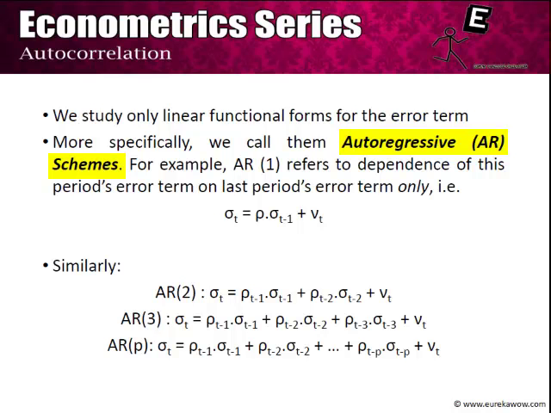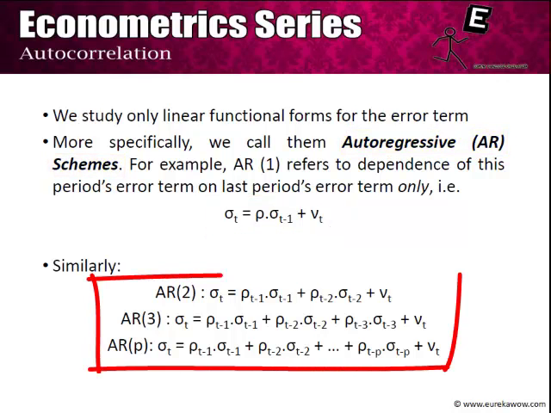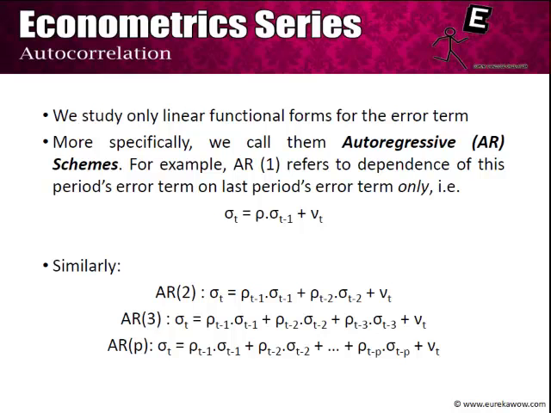For example, this equation wherein epsilon_t is equal to rho epsilon_(t-1) plus nu_t, wherein rho represents the effect of last period's error term on this period's error term and nu_t represents a totally random component. Similarly, we can talk about AR2, AR3 and ARP schemes, wherein the ARP scheme refers to the fact that epsilon_t is linearly dependent on p previous error terms, and in all of these we see the existence of a random component which is given by nu_t.